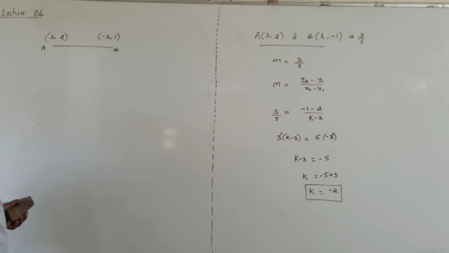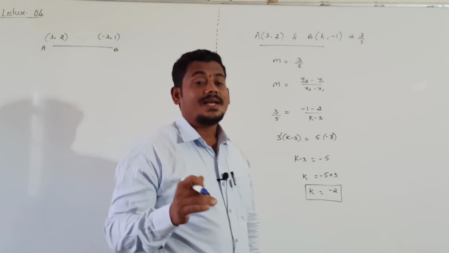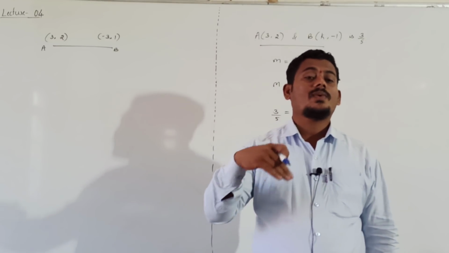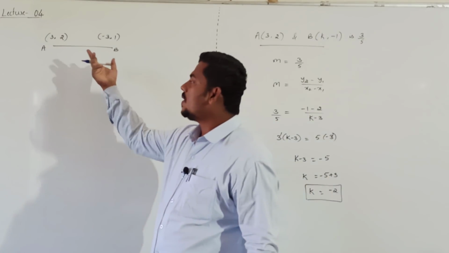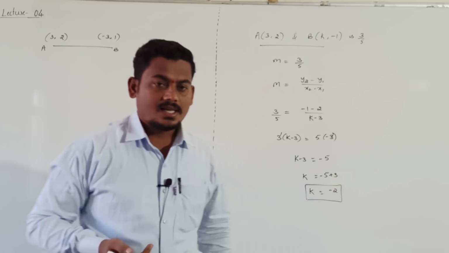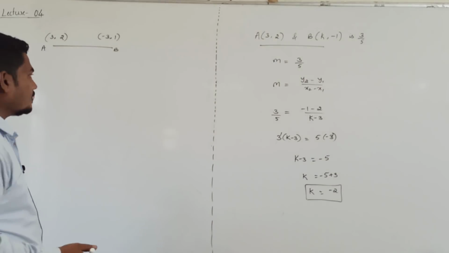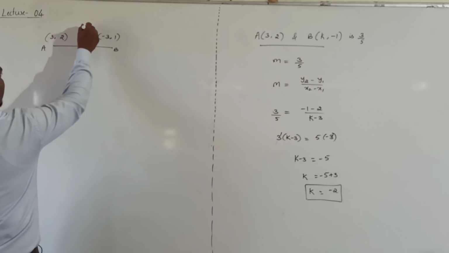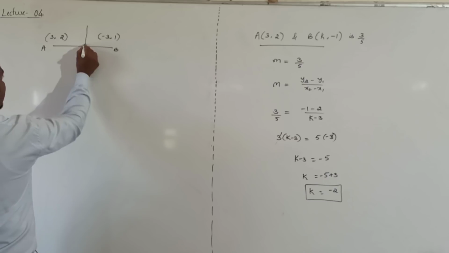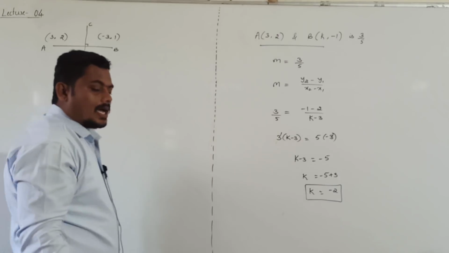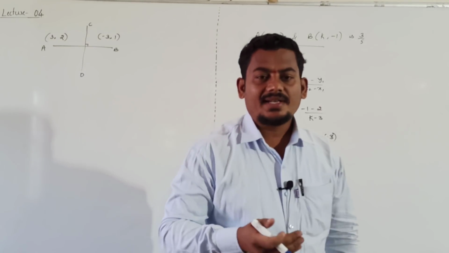I will take the first point as A and the second point as B. But our requirement is to find the slope of a line which is perpendicular to the line joining these 2 points, right? Our required line is perpendicular to this line, so our required line is like this, right? Clearly it is perpendicular to AB, and take this as CD. Our required line is clearly perpendicular to the given line.